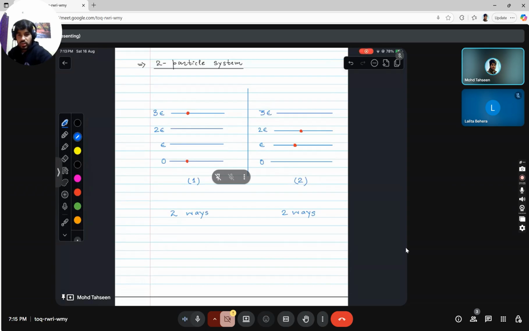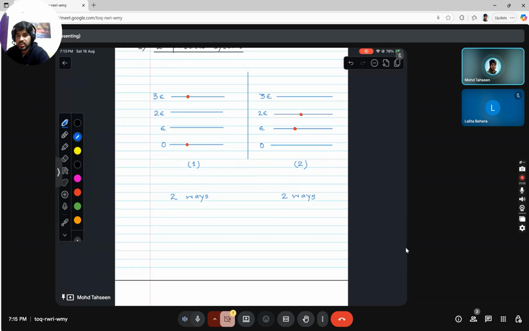So there are two ways in which we can fill each of these microstates. These microstates are equally probable. The system can either be in this microstate or in this microstate, because by probable I mean there are the same number of ways in which each microstate can be achieved.